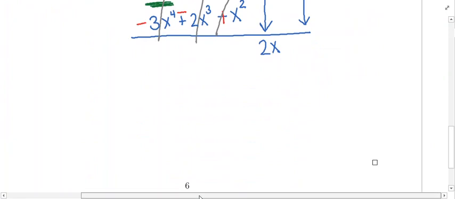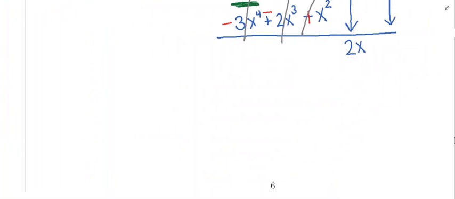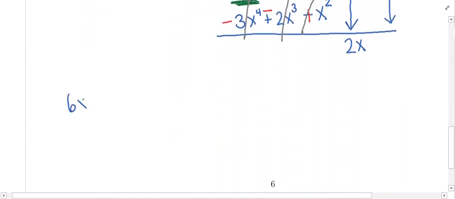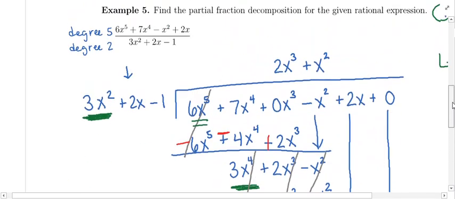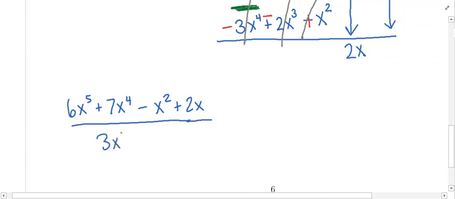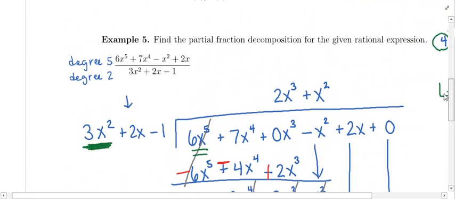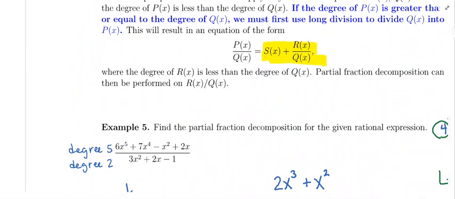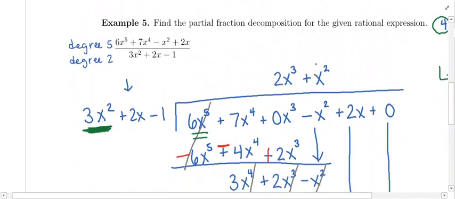I'm going to come down here. We can say that the guy underneath, the 6x to the 5th plus 7x to the 4th minus x squared plus 2x over 3x squared plus 2x minus 1 is equal to the quotient, my result.